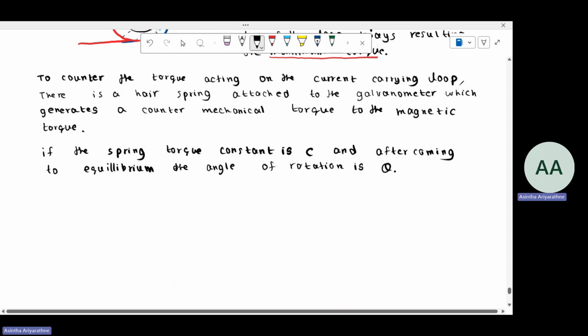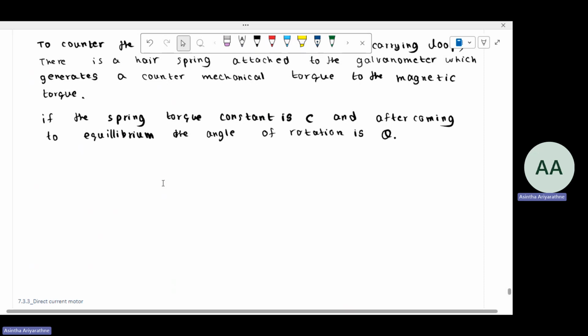Then after coming to equilibrium, the mechanical torque should be equal to the magnetic torque.